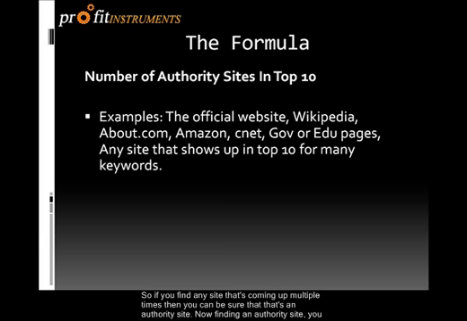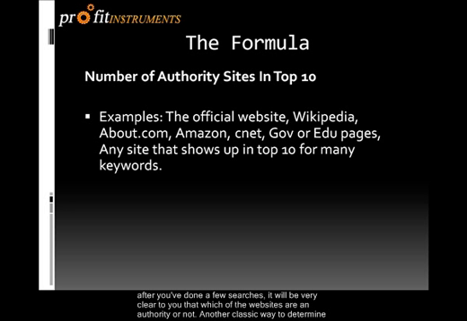So if you find any site that's coming up multiple times, then you can be sure that that's an authority site. You won't be able to find authority sites easily in the first few attempts, but after you keep on looking for PNKs and have done a few searches, it'll be very clear to you which websites are authorities or not.